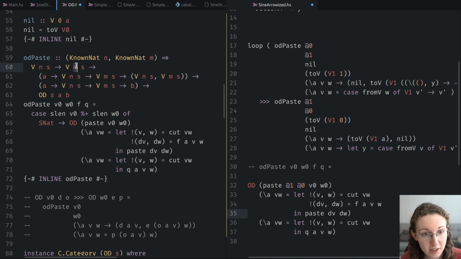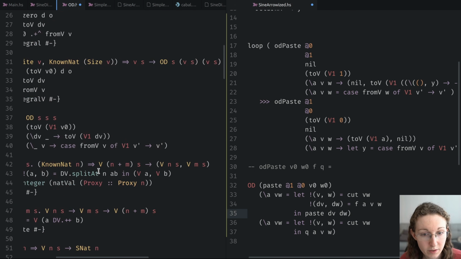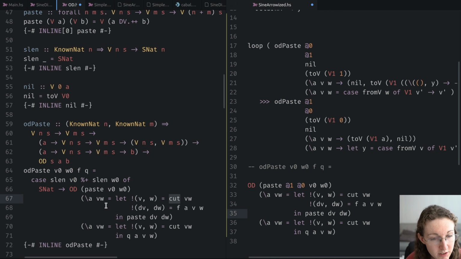So this is going to be n and m. But when we have cut applied over here, what are the n and m here? I should have remembered this before I took a look at this particular code.